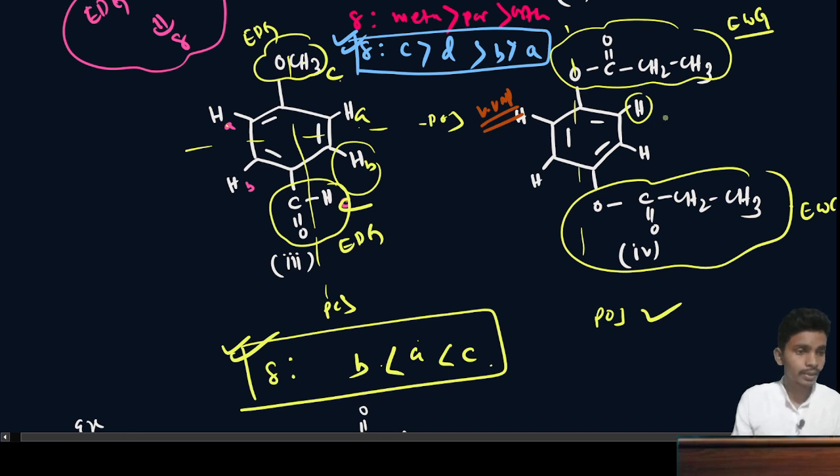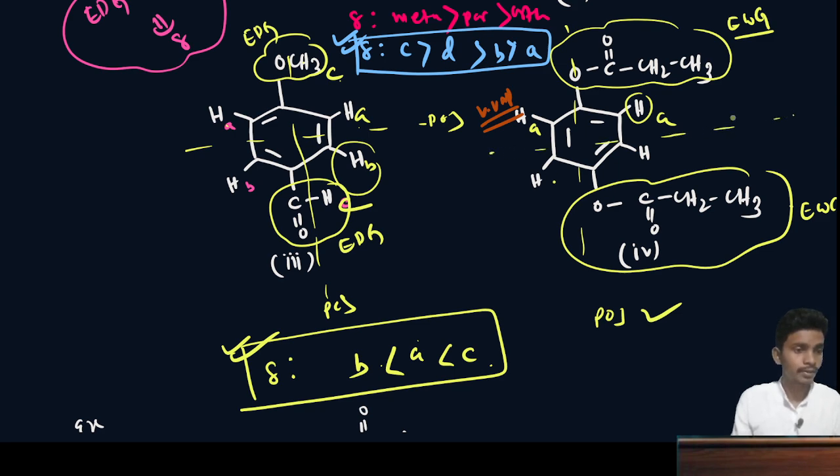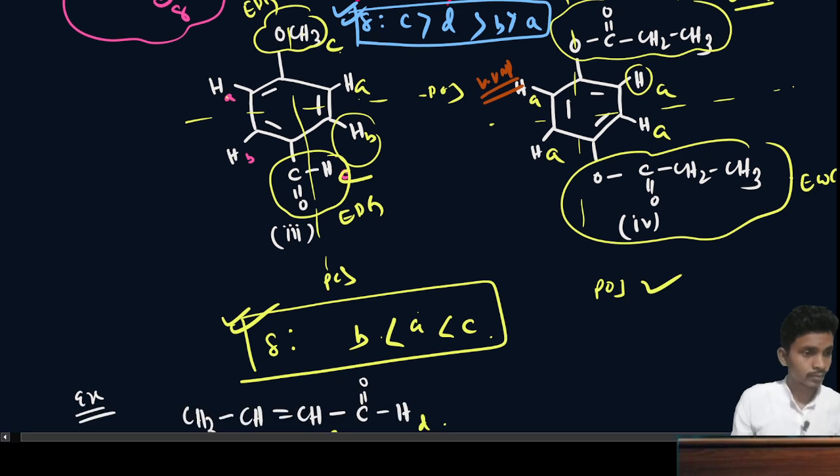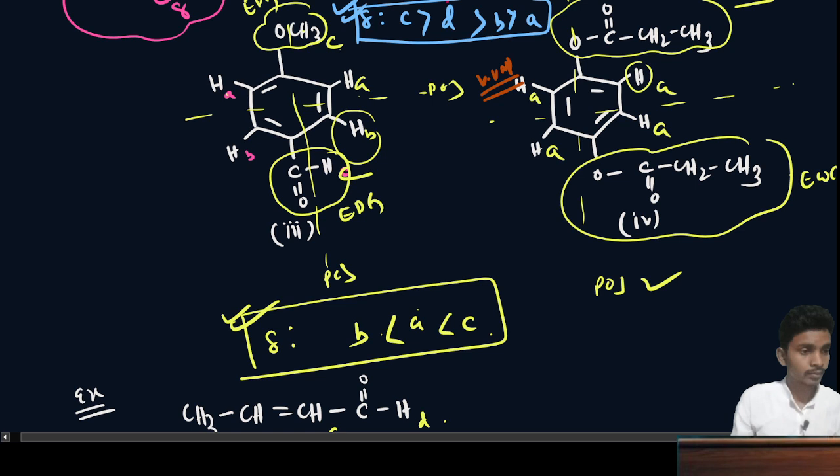So if this is A, then this is also A. If this is B, and here also a plane of symmetry is there, it means this is also A. Okay, so these all are A. And this will be the B, and this will be the C.